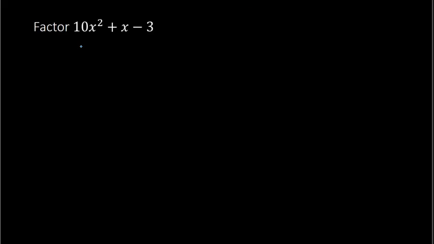Okay, here's another example. We have 10x squared plus x minus 3. So when I factor this, I know that I need two binomials in parentheses. We need something to fill each of these spots, and we can begin by looking at the 10x squared.